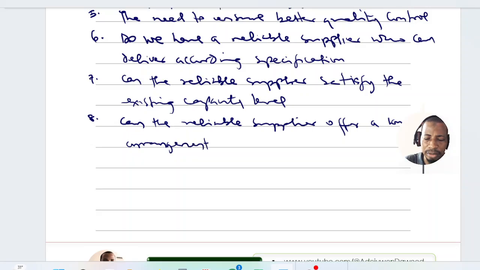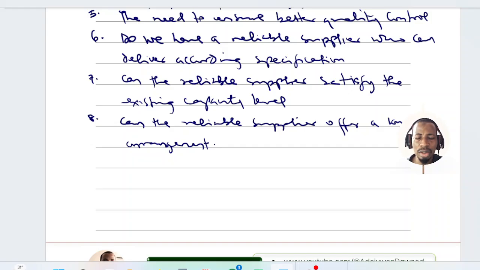What this simply means is that this is not just a one-off thing. On a regular basis, 2 years, 3 years, 5 years, 10 years down the line, the supplier will still be there. The company does not want to be changing supplier every now and then, because once you maintain that mutual relationship, you want to ensure that it keeps going for the foreseeable future.